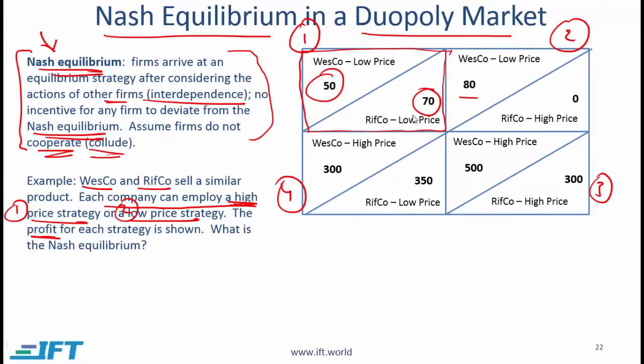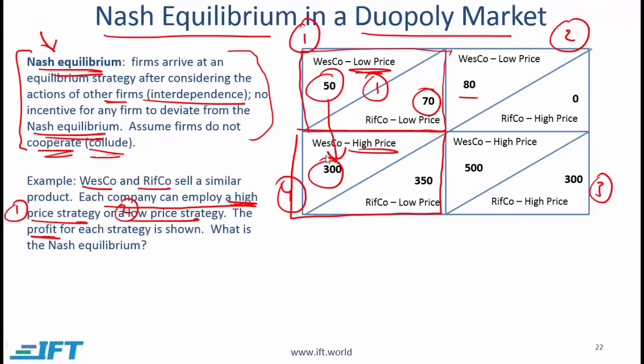Now here is what you will end up with. No matter where you start, you will end up in box 4. And let's see why. Let's say we start over here in box 1, Wesco 50, Rifco 70. Now what will Wesco say when they are in this particular box? They will say that they will increase their price, and if they increase their price, their profits jump up from 50 to 300.